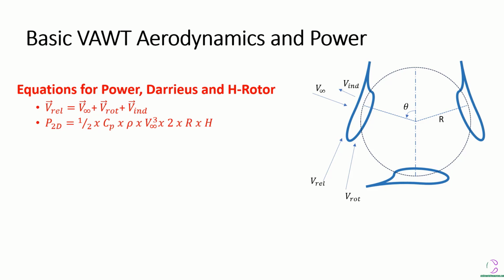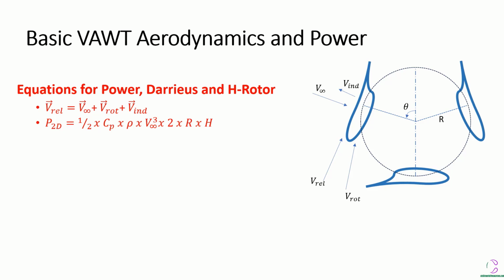For the performance, this is the basics, but the calculations are more elaborate and a little complex depending on the approach, the dimension that you choose to follow. Following two dimensions and simplifying it, the formula for the power in 2D is half times Cp times rho times the cube of the velocity, that's the incoming wind speed, times 2 times the radius times the height of the blade.